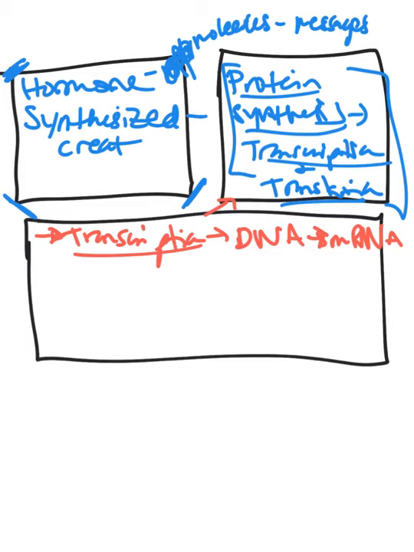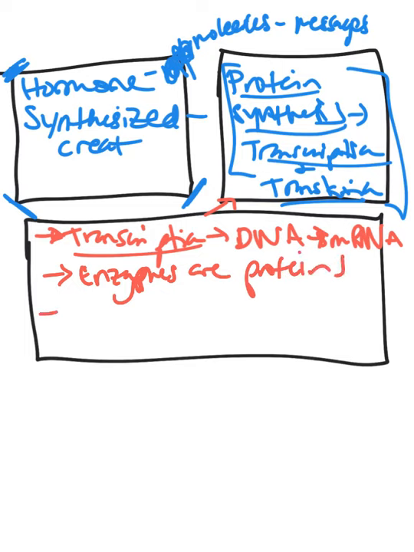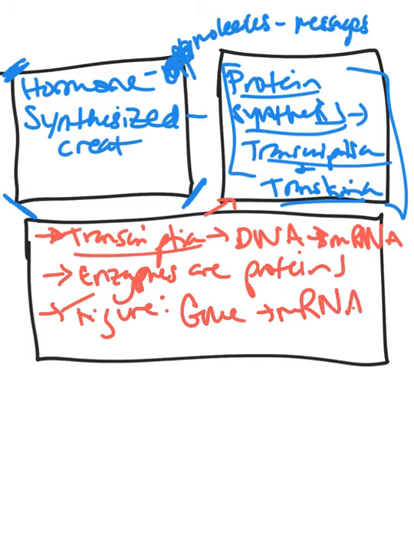The thing I'm going to write to remind myself is that enzymes are proteins, and that this diagram, the figure, is showing us that we're going from gene to mRNA to a protein.